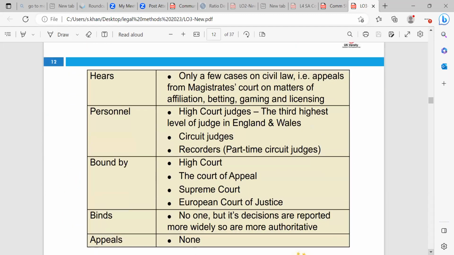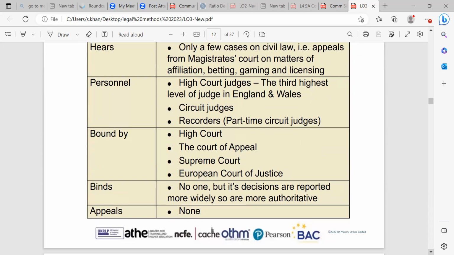The Crown Court hears only a few civil cases: appeals from the Magistrates' Court on matters of affiliation, betting, gaming and licensing. The personnel are High Court judges, the third highest level of judge in England and Wales, circuit judges, recorders and part-time circuit judges, and it is bound by the High Court, Court of Appeal, Supreme Court, and the European Court of Justice.